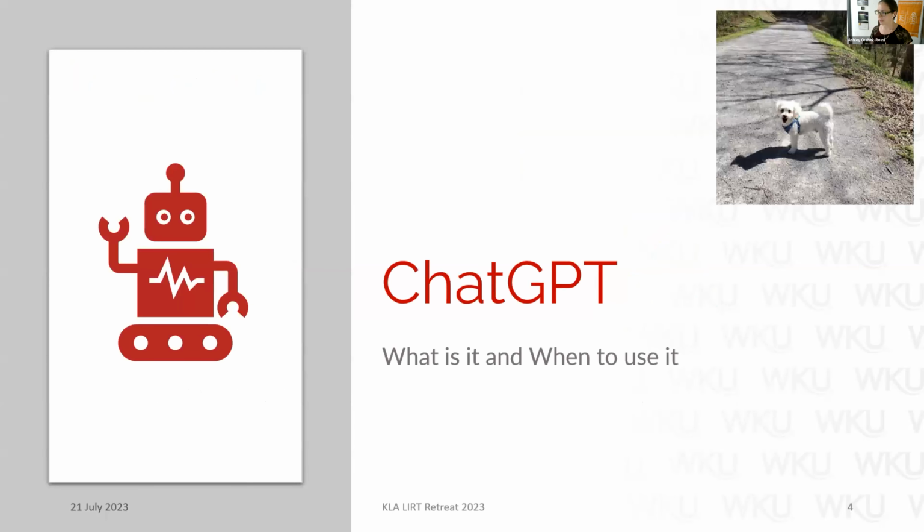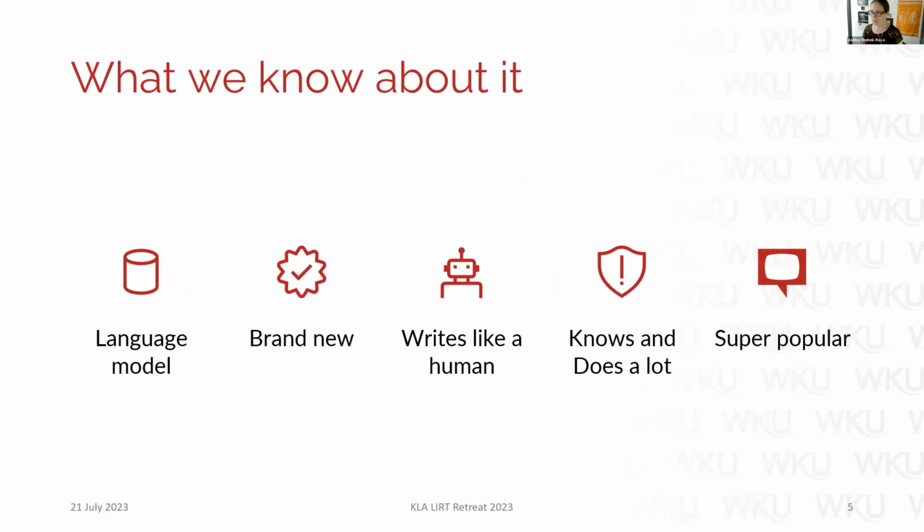So we're gonna get started with my lesson for ChatGPT. So what is it and how do we utilize it? So what we know about it, or what we knew about it, is that it's a language model. It's brand new. Like I said, it came out back in November. It has the capabilities to write like a human.